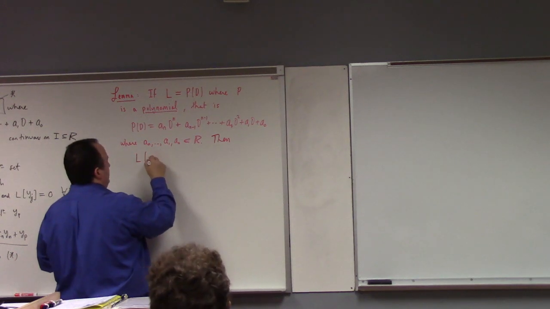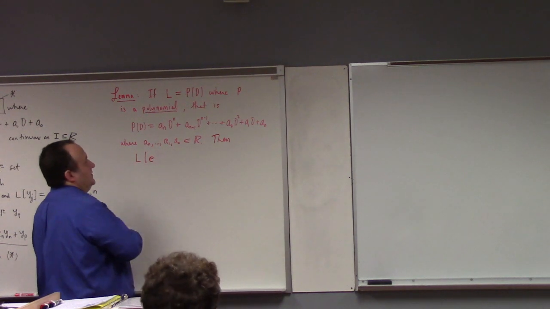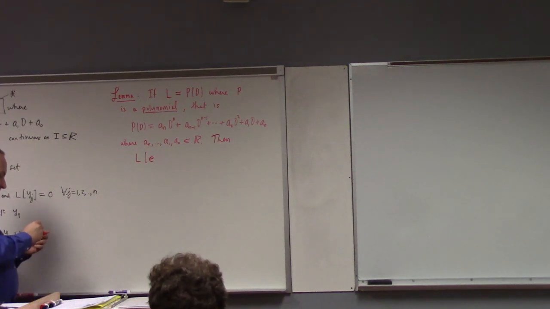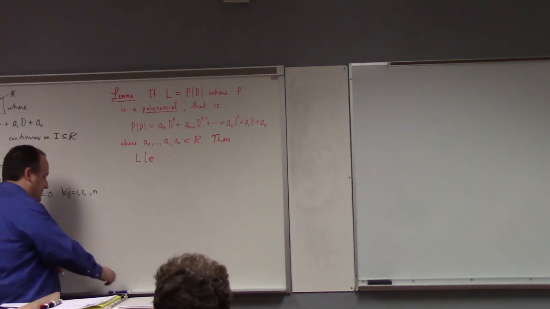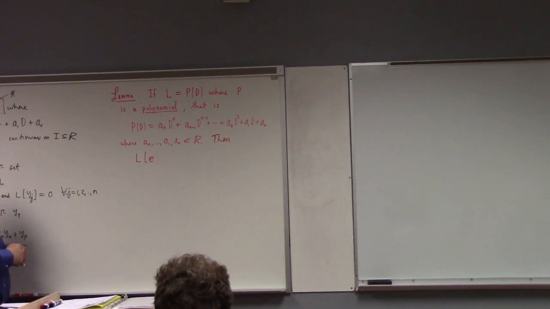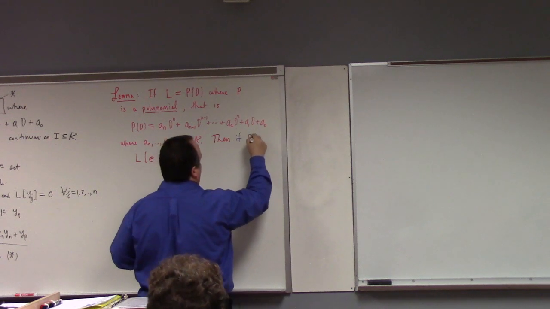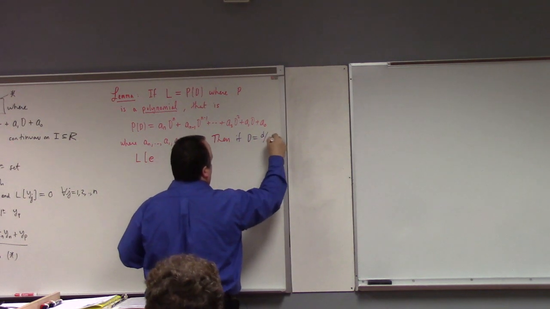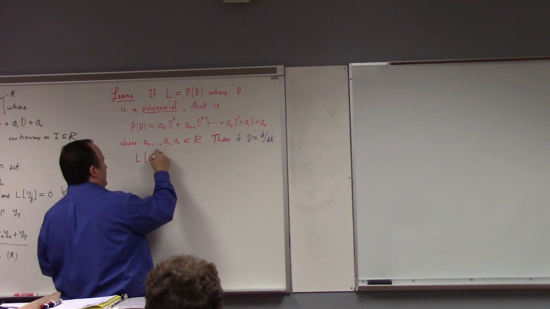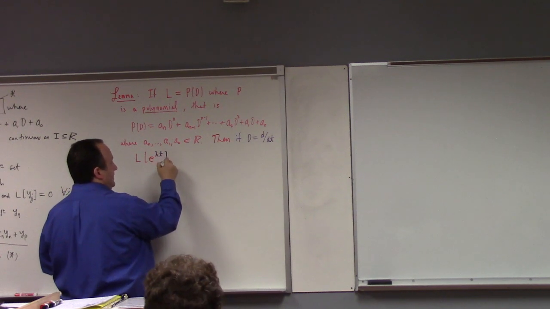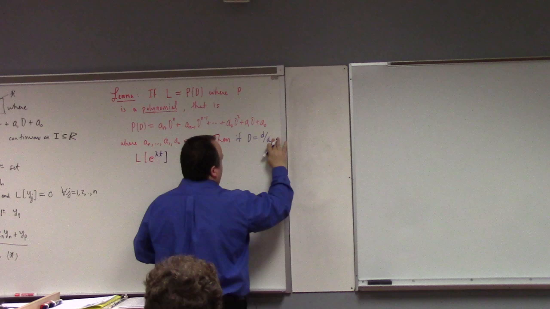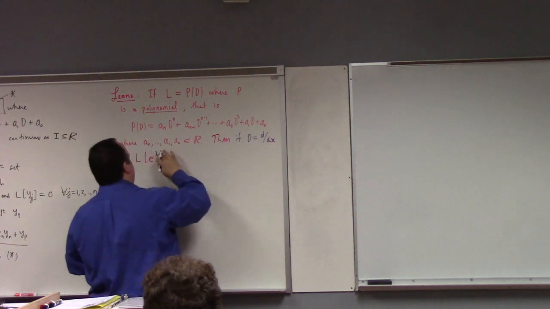L of e, okay, student choice. Do you guys want to let D be d/dx or d/dt? Your choice. T? All right, t it is. So we have e to the lambda t. Actually, X? I don't know. What? No, better. That's too late.